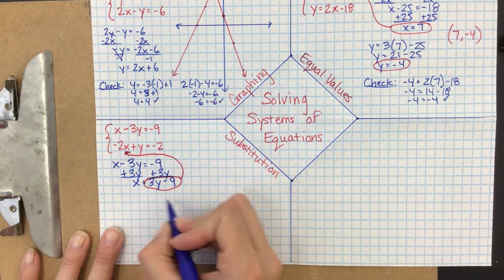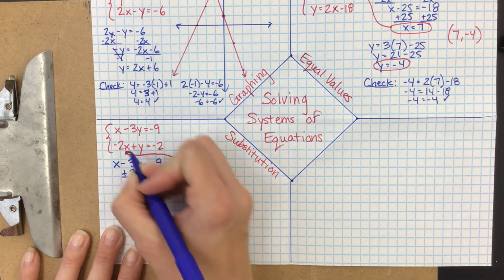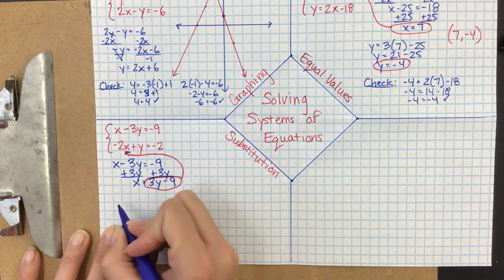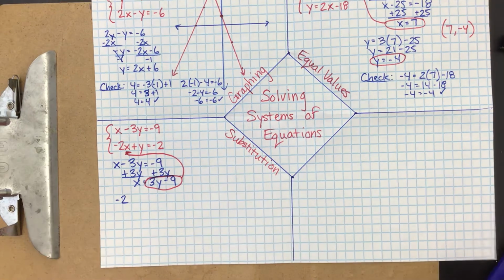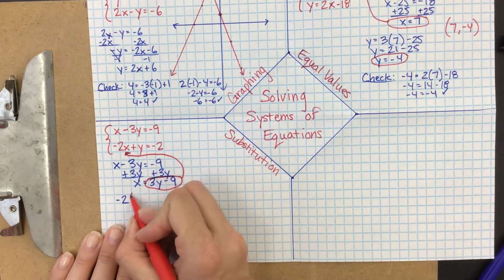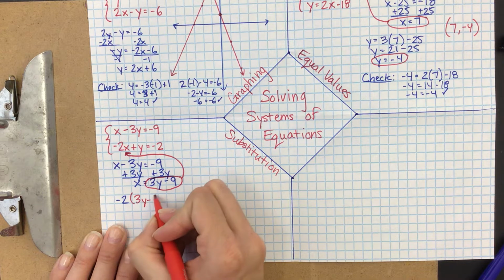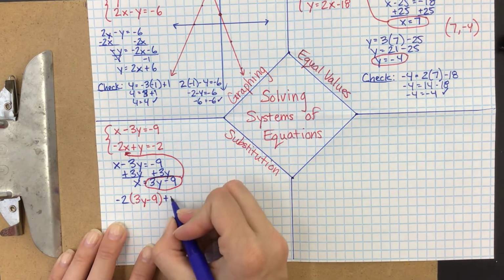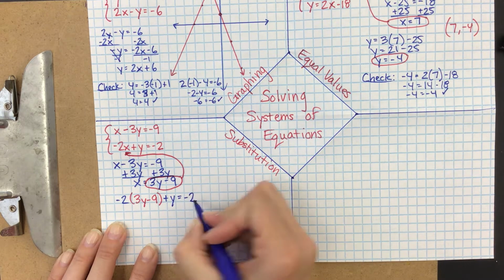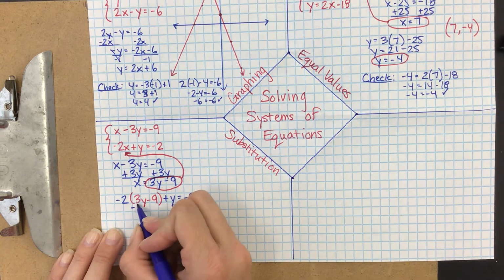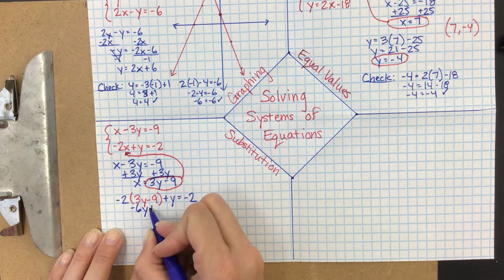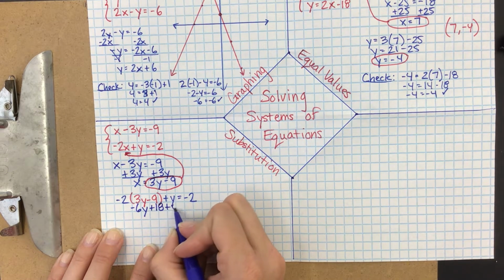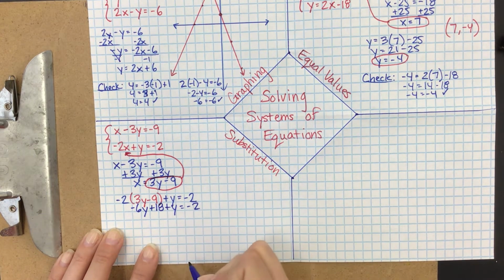So let's go ahead and rewrite this now, and instead of x, I'm going to write 3y minus 9. And do make sure that you are using parentheses. If you do not use parentheses, you are going to have problems, as I'm sure you saw on your homework last night. This is negative 6y plus 18 plus y is equal to negative 2.